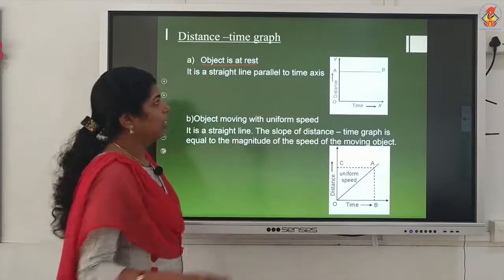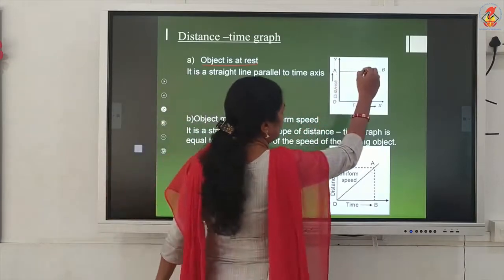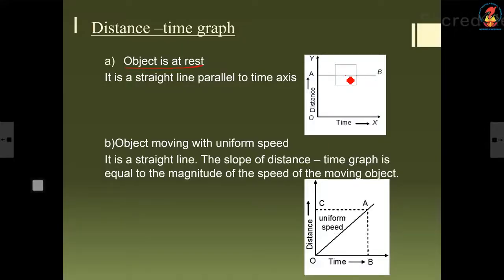You can see this line AB. This line AB represents the graph. That line AB is a straight line parallel to the time axis.